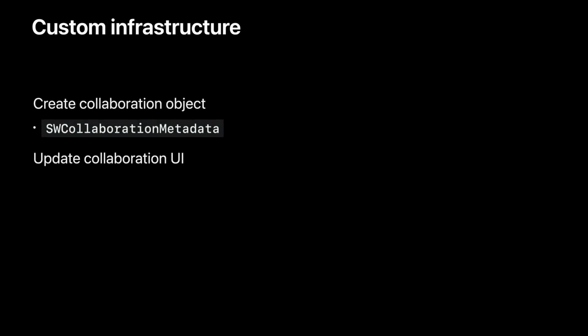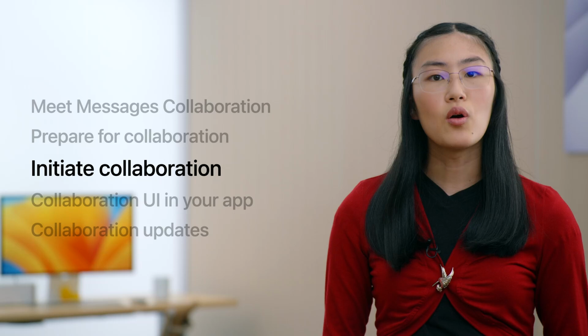For custom collaboration infrastructures, your collaboration object is called SWCollaborationMetadata, wrapped in new NSItemProvider API. Watch the Integrate Your Custom Collaboration App with Messages video for details on how to use this API to update your collaboration UI. Now you're ready to go.